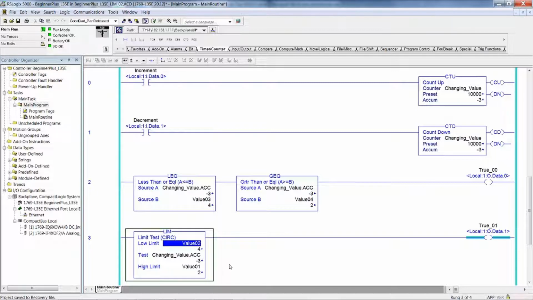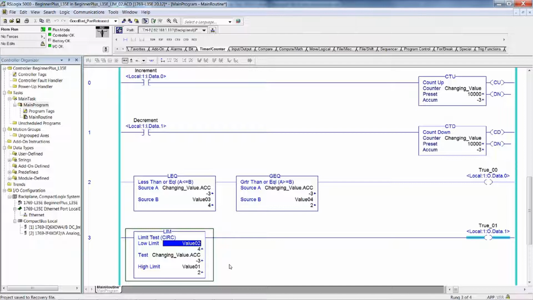Then you go to 3, and it's not true. So it is exclusive of the test value, but it still is inclusive of value 1 and value 2, or inclusive of the high and the low limit values. And this can come in real handy because we're using double integers and our high and low limits are only separated by one whole number, one integer.